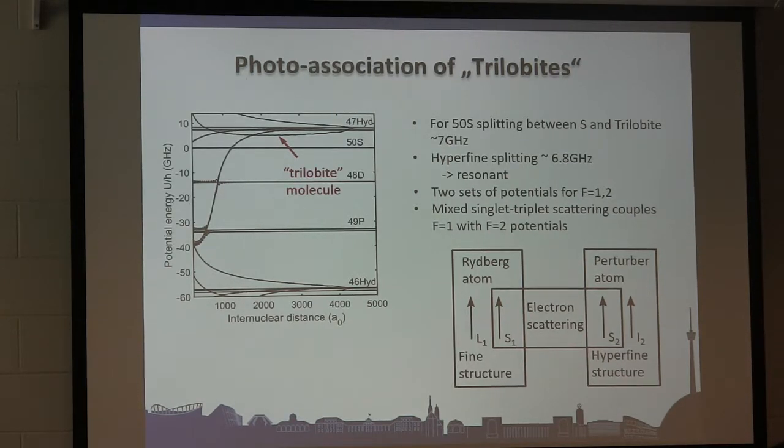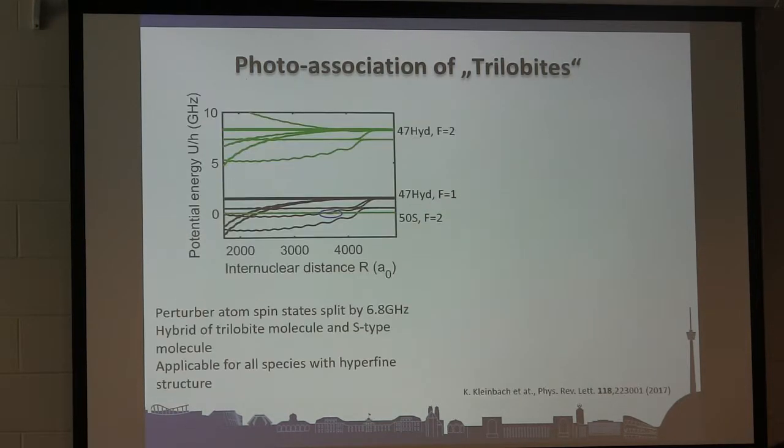So when I now include the second set of potentials and zoom in on this upper part, it looks the following. We have again this hydrogen-like manifold of the Trilobite molecule and the S state, and then we have the hydrogen-like manifold of the other ground state manifold, and also the Trilobite state. And here you already see the crossing.